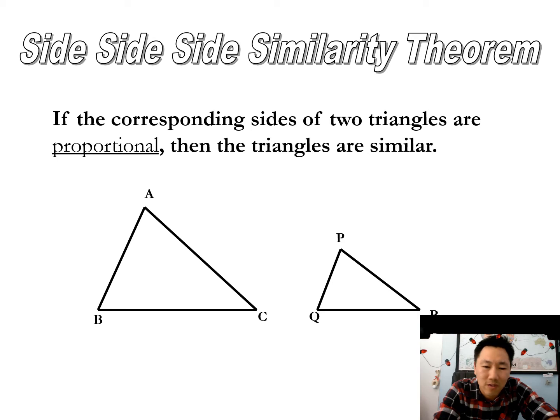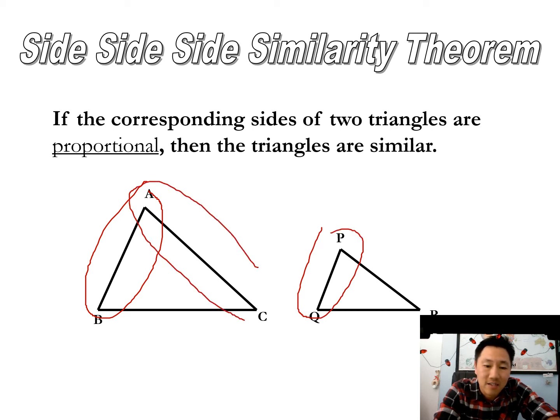So what you have to do is, it used to be like match this side to this side and you're good, but it's not that theorem. The similarity theorem is different. It says that this side has to be proportional to this side as it is to this side as it is to the third side.